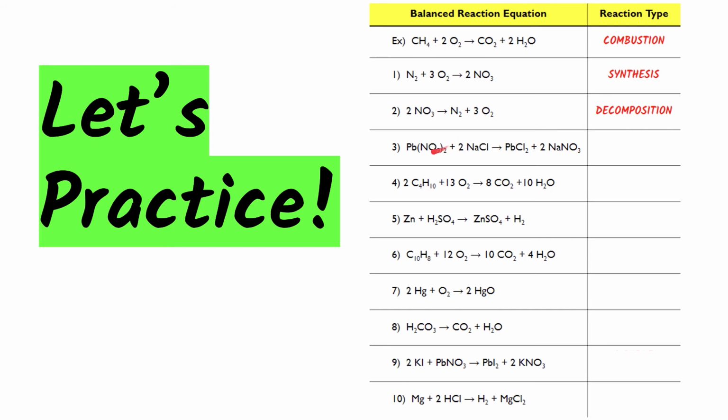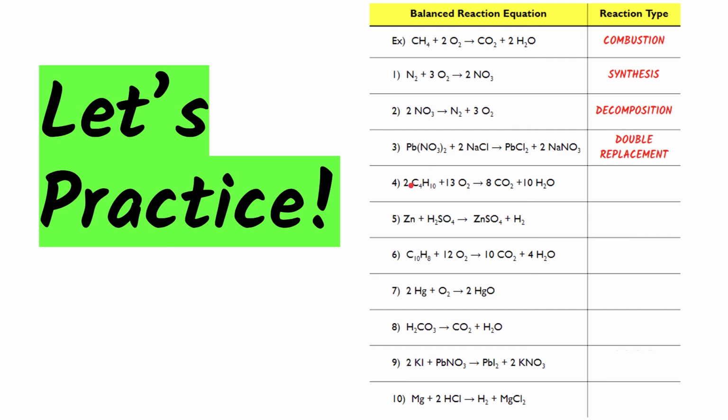I'm noticing that these formulas are really just partner swapping, right? Pb starts off with NO3 but ends up with Cl. Na starts off with Cl but ends up with NO3. This is a double replacement reaction. It's double because both of the starting substances were in a compound, right? None of them were alone as a single element, and both ended up in a compound.